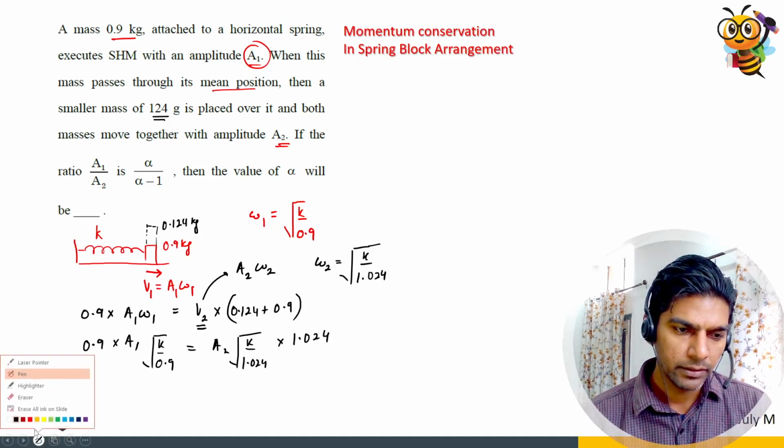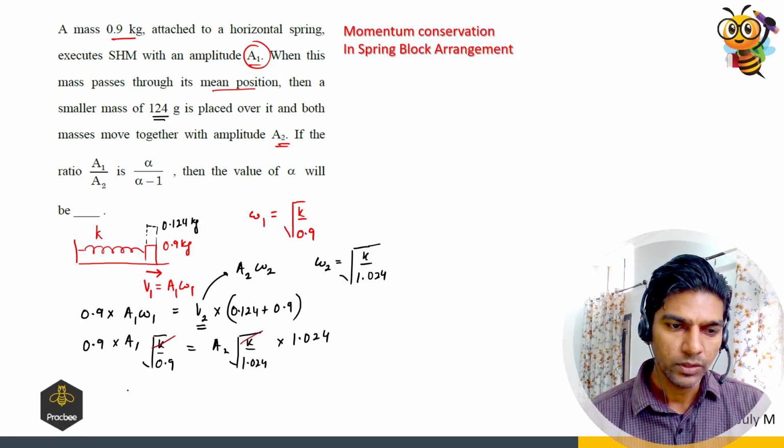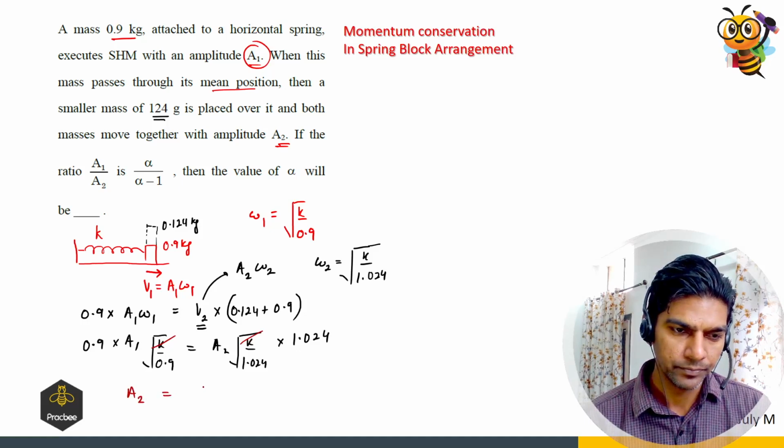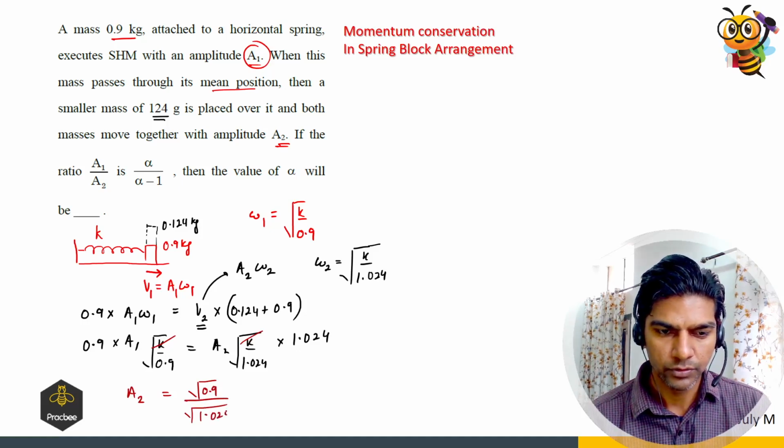Now we can eliminate root K. So if I simplify this, A2 will be root 0.9 divided by root 1.024.